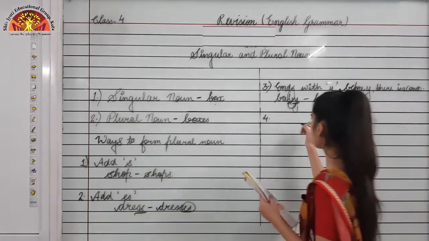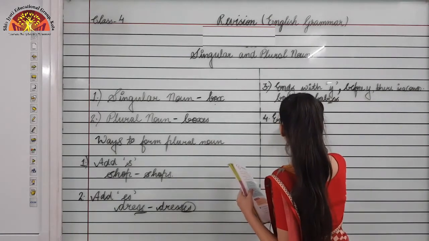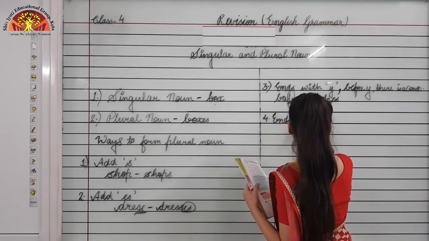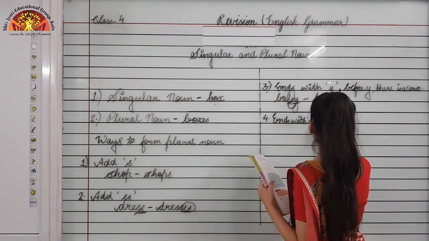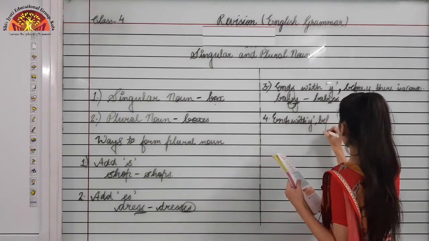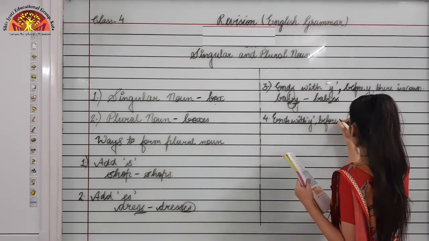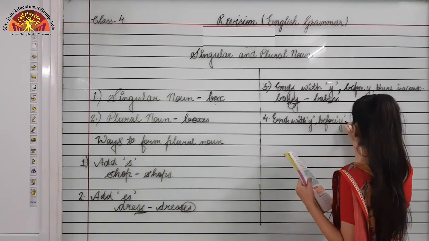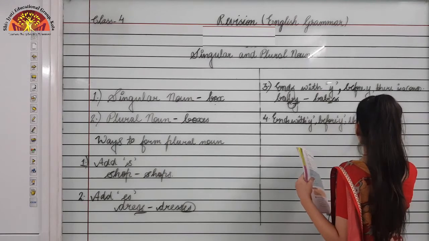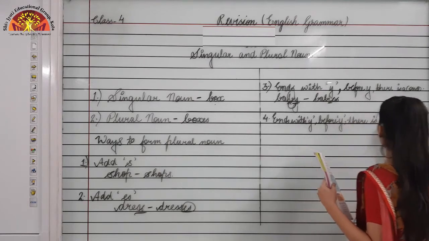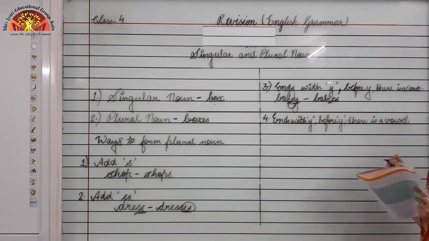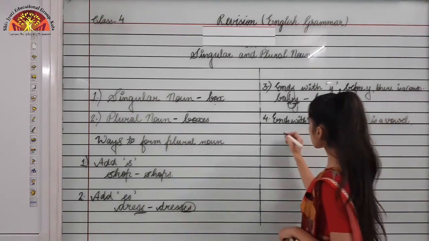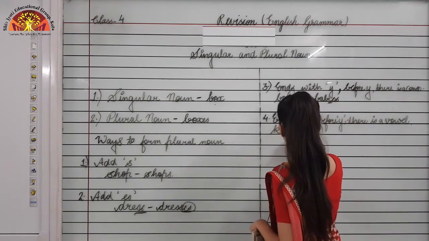S. Just see, ends with y and before y there is a vowel, right? So I will take an example, that is key.